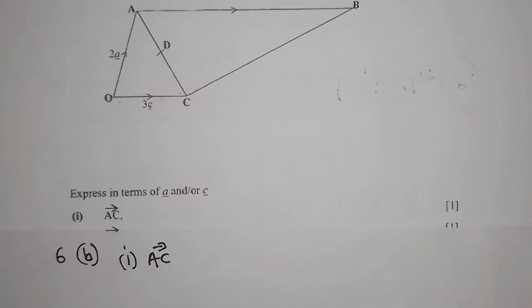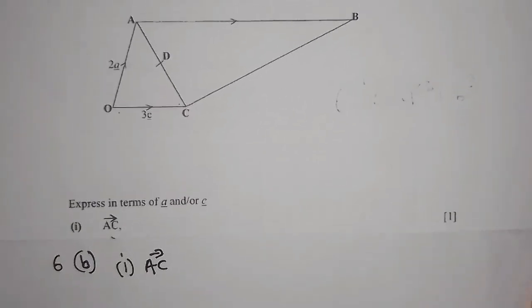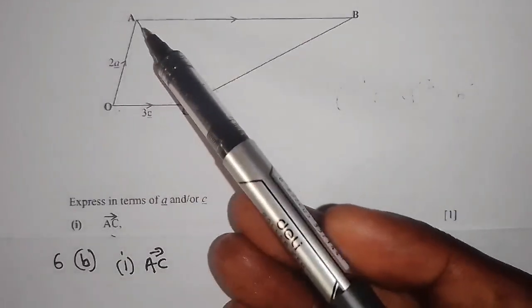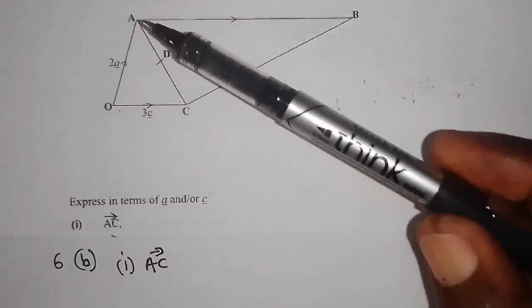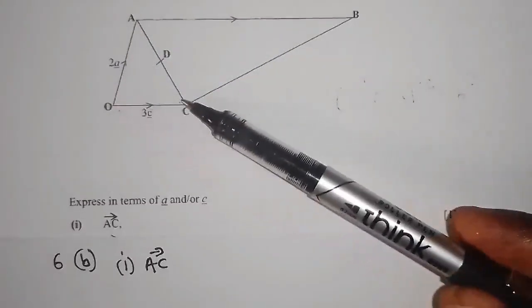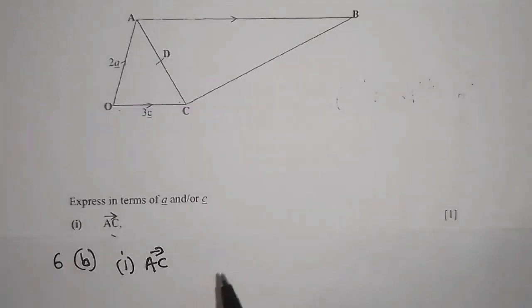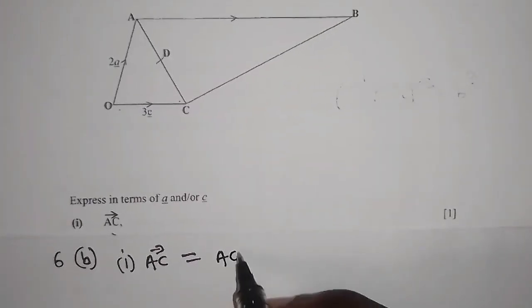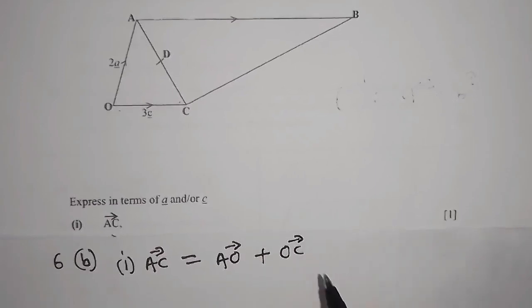When you look at AC in the diagram, AC is this one. We have this side and this side, what we don't have is this side. So all you have to do is just say AC is equal to AO plus OC.